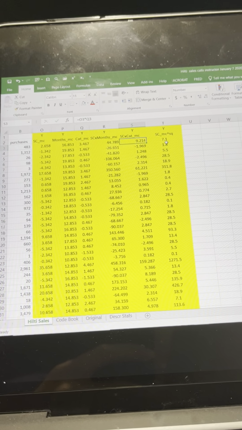That's if you were to change from sales calls equal average to sales calls being 5 above average, this is how much the purchases would change.